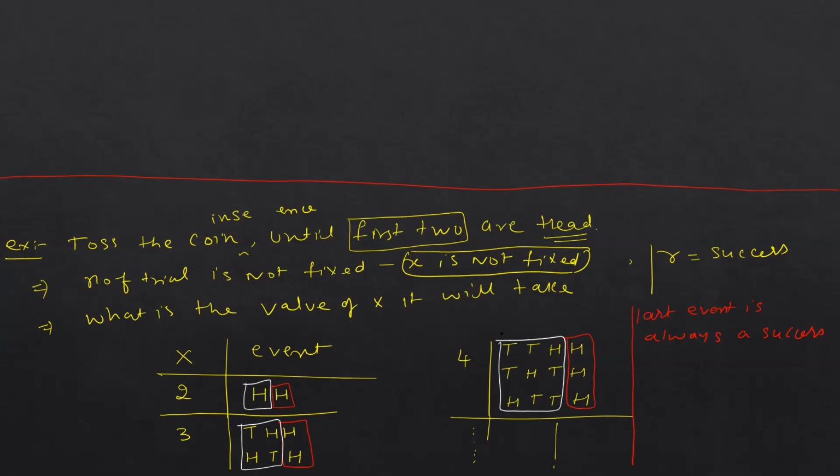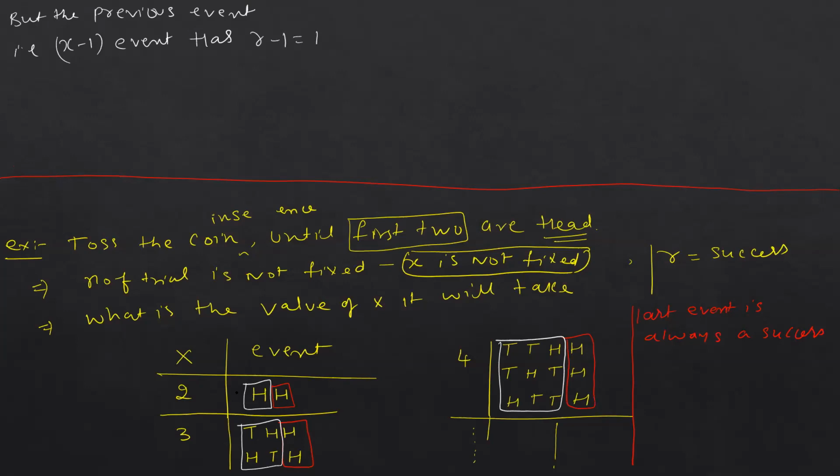The last event is always a success, and a success means getting the head. But the previous events, that is x minus 1 events: here with 2, the previous event left is only 1; here it is 3, so the previous events number 3 minus 1 is 2; here it is 4, so the previous events are 3. So those x minus 1 events have how many successes? r minus 1, which is equal to 1 success.